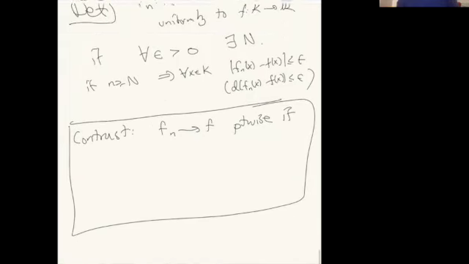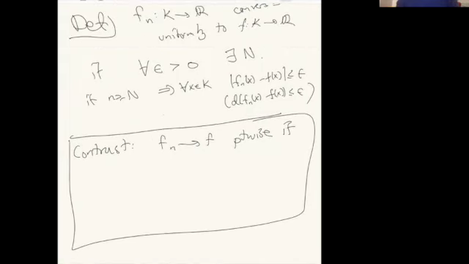Let's contrast this with pointwise convergence: there, for every x in K, for every epsilon positive, there exists an N such that if n is bigger than N, then for this particular x, the function values are close.